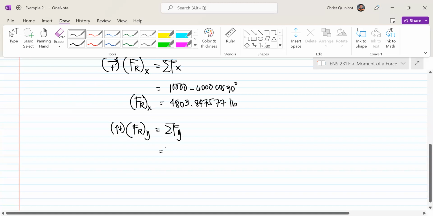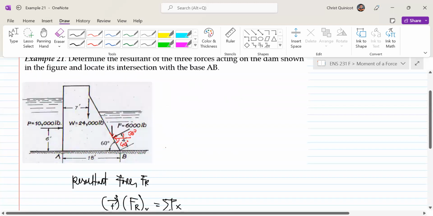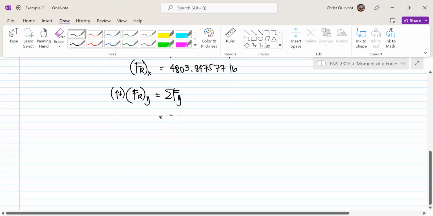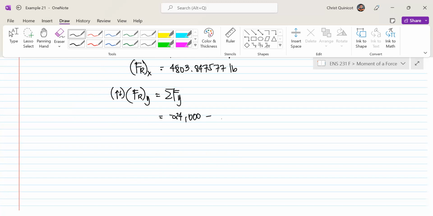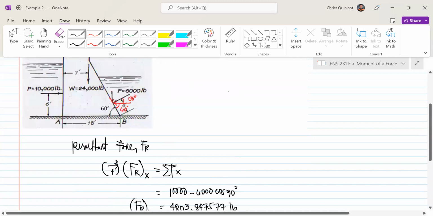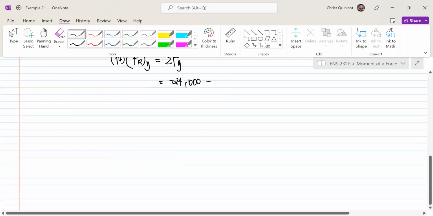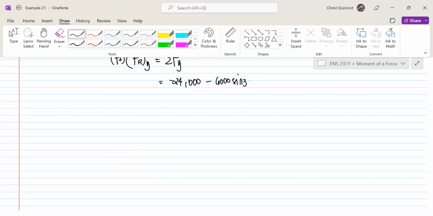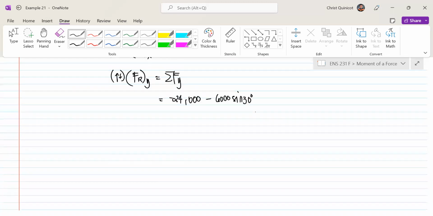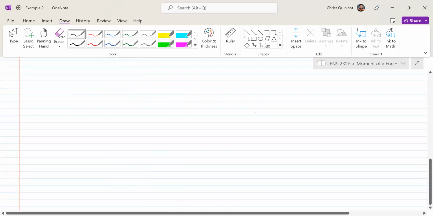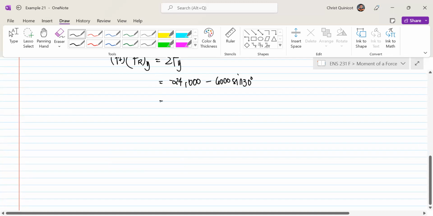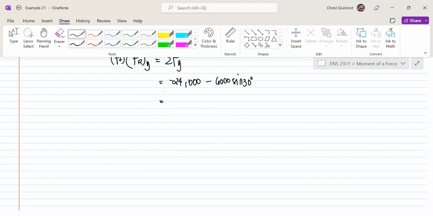We have going down negative 24,000, which is the weight of our dam, minus 6,000 sine 30 degrees.